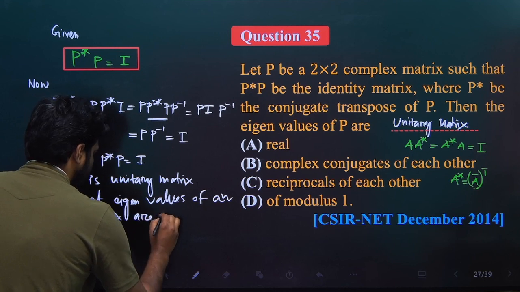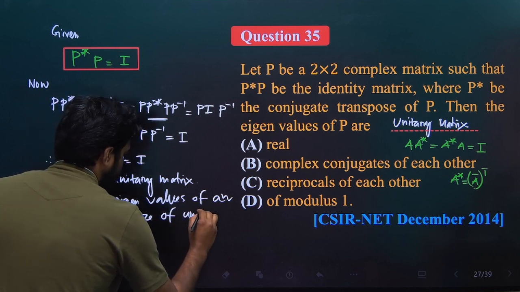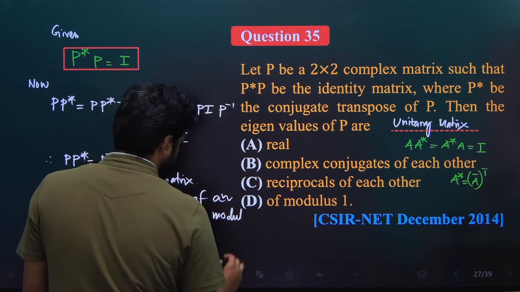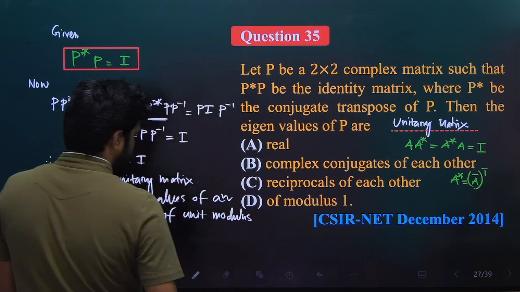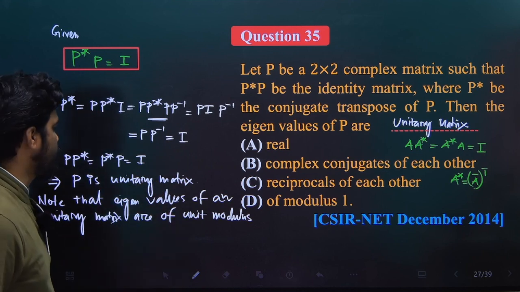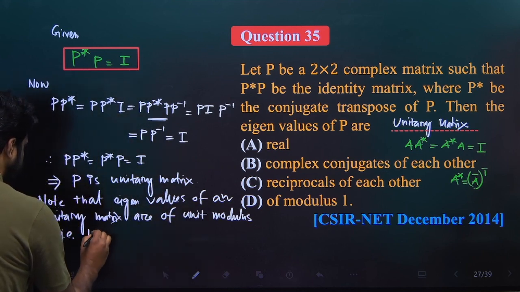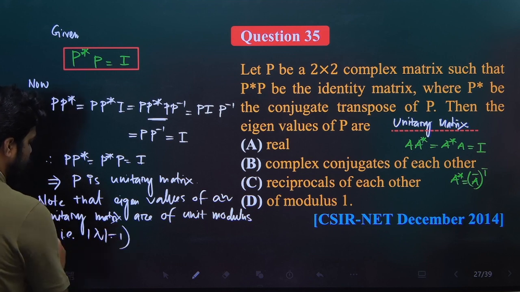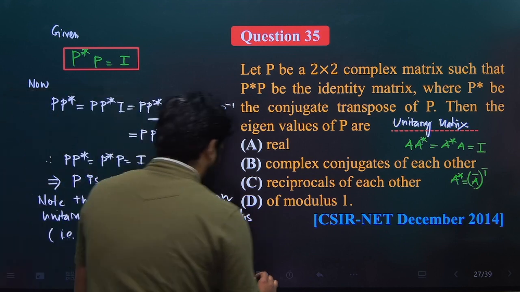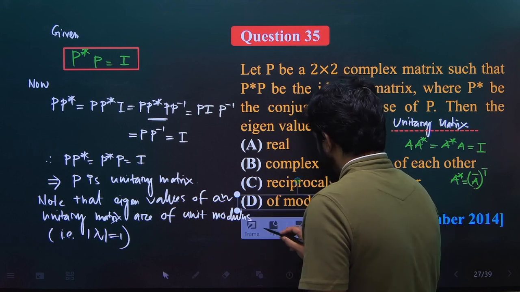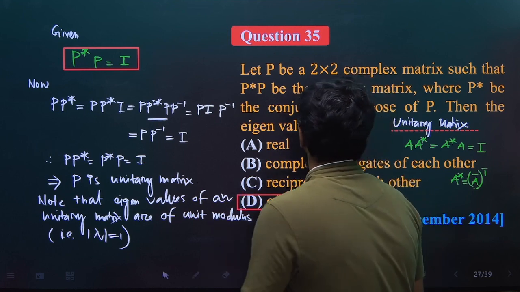Unit modulus, what does it mean? That means modulus lambda is equal to 1. Okay, so option D is the correct answer.